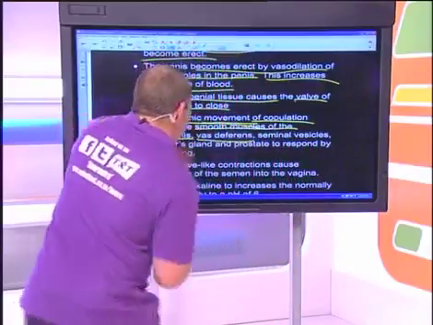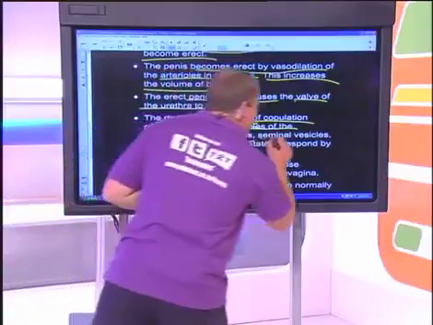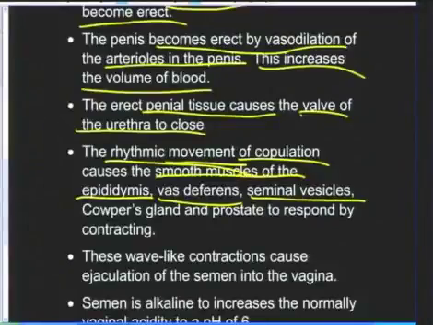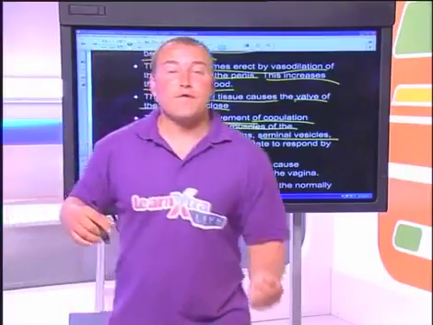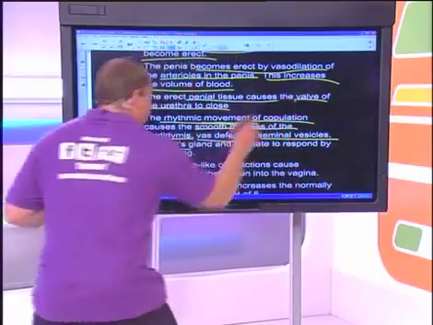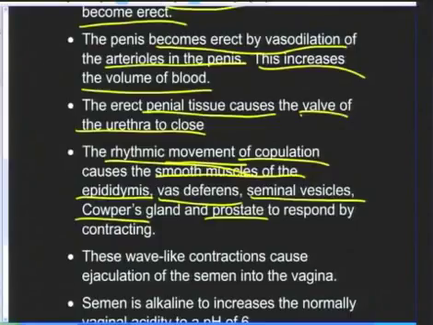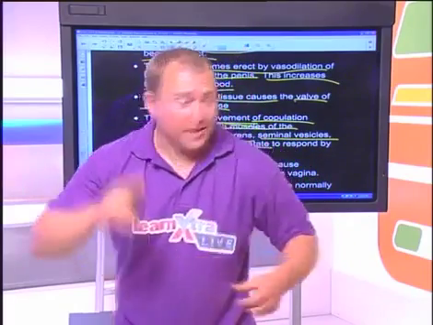Okay, cool? So it's the vas deferens, right? The seminiferous vesicles, the corpus gland, and the fructose, so that these things have got energy. Next thing, you have the prostate gland, which increases the alkalinity, so that we have semen in there.